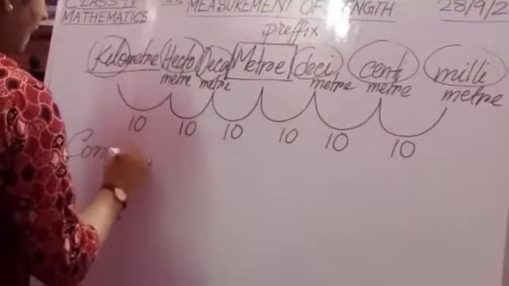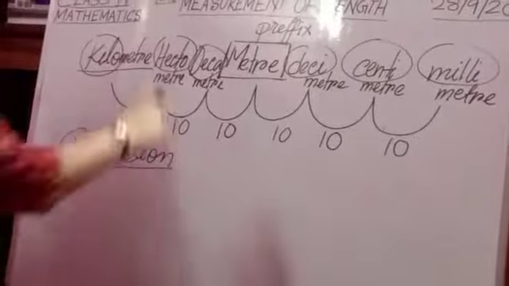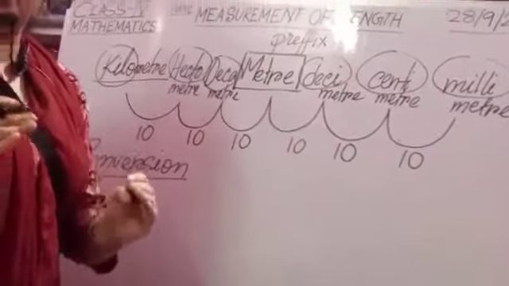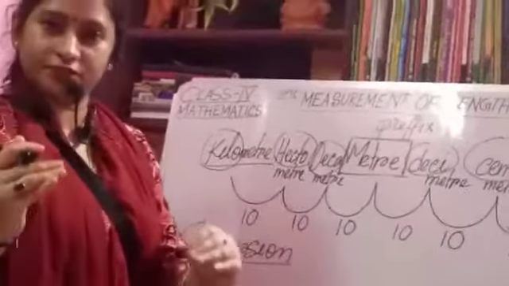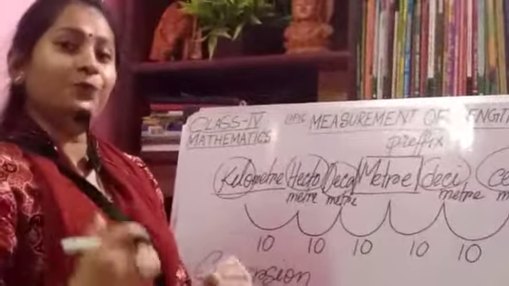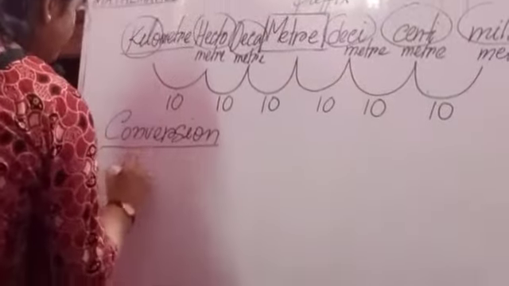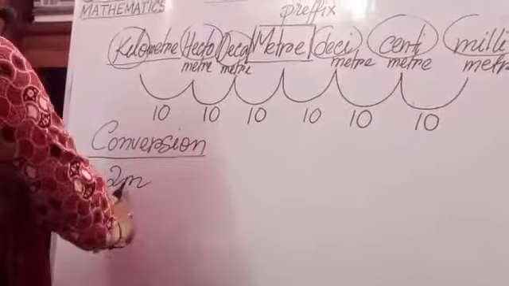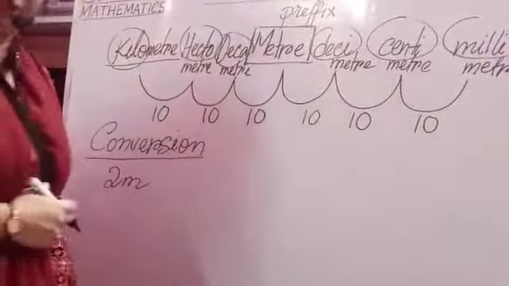Now, conversion. How to convert? Actually, children, all these units are interconvertible. That means one unit can be converted, changed into another. Now, how to do that? Right. First example, 2 meter. I want to change 2 meter into centimeter.